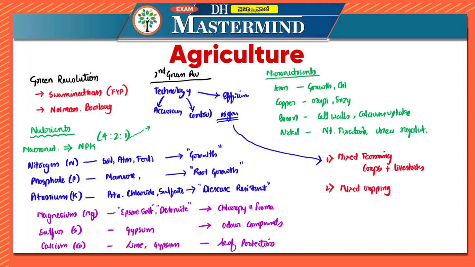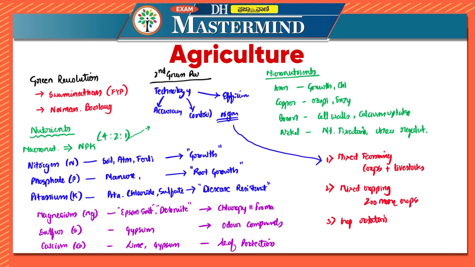Mixed farming and mixed cropping are different. In mixed cropping, there is growth of two or more crops at the same time in the same field. One is the main crop, one is the leguminous crop. So that is mixed cropping. In case of mixed farming, there is livestock. This difference you have to remember. Then there is crop rotation also.